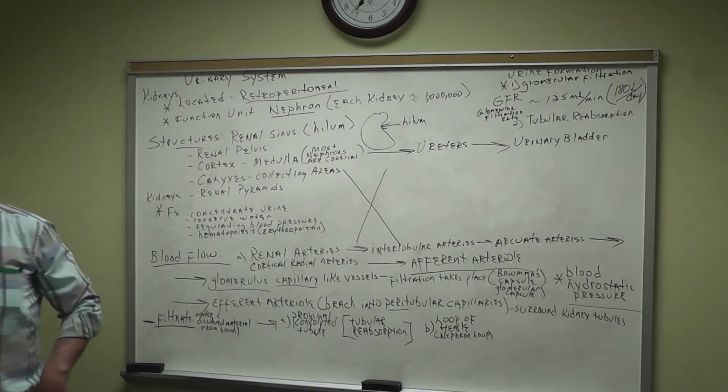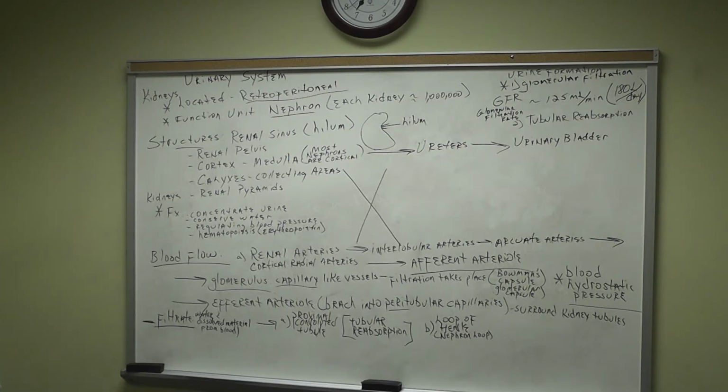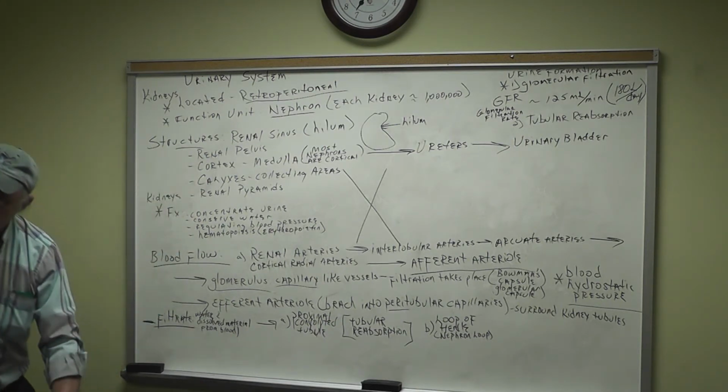No, but it's proportionally long. Most of these nephrons are located in the cortical region, the cortex being the outer region of any organ, but many of these nephron loops will extend down into the medulla.